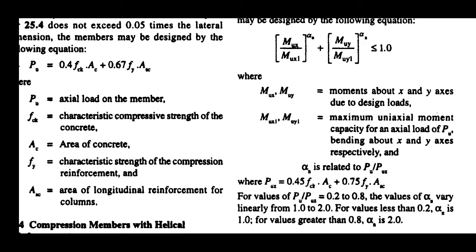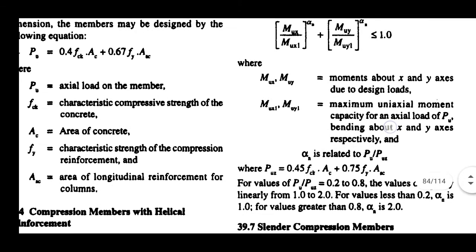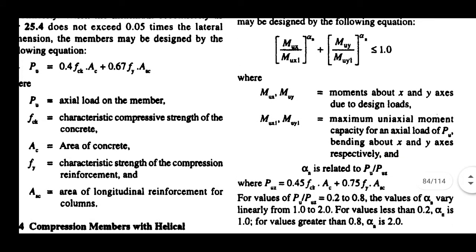For values less than 0.2, alpha n is 1. For values greater than 0.8, alpha n is 2. So, these are the limits of alpha n. Now, we will check out the design procedure of this type of column.